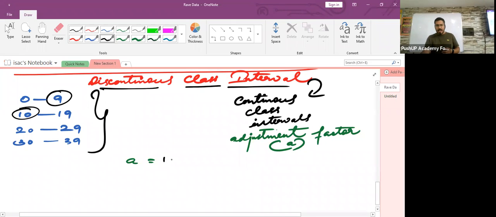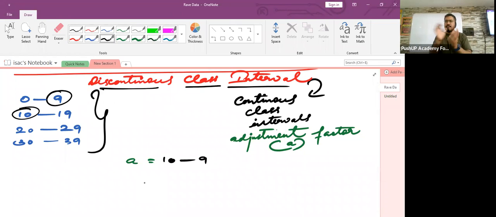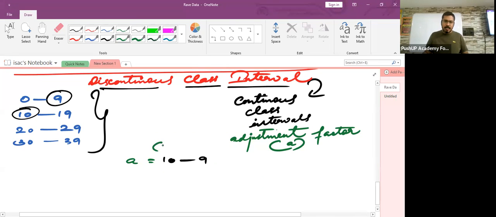So how to find the adjustment factor? Children, take the lower limit of the second class interval, subtract the upper limit of the first class interval. What was the lower limit of the second class interval? It was 10. What is the upper limit of the first class interval? 9. Subtract both the values. So it's lower limit minus upper limit.